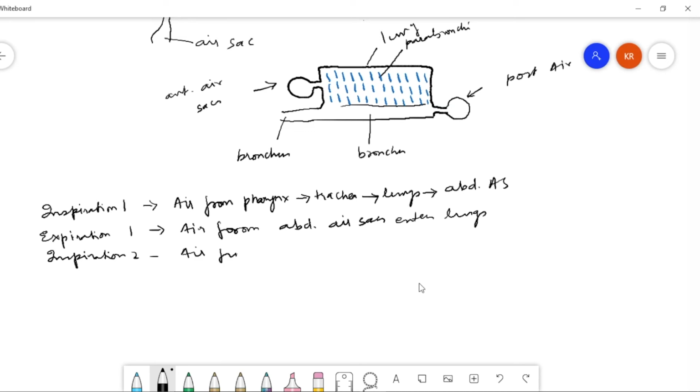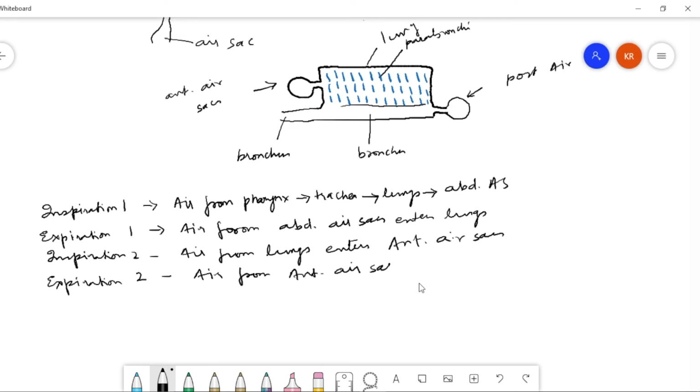Air from lungs enters anterior air sacs, and expiration 2, air from anterior air sacs goes out.